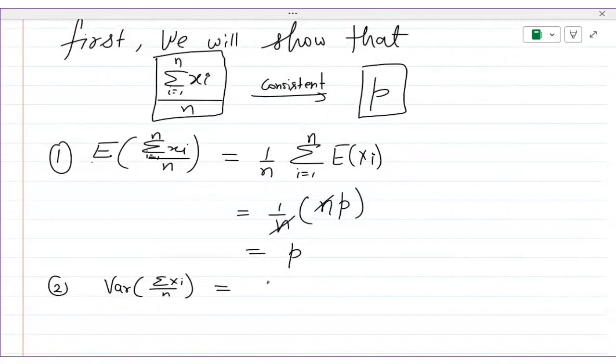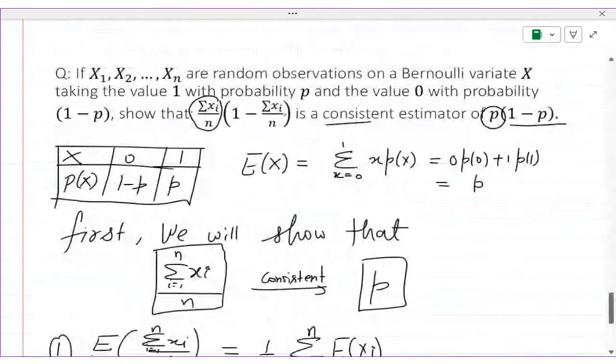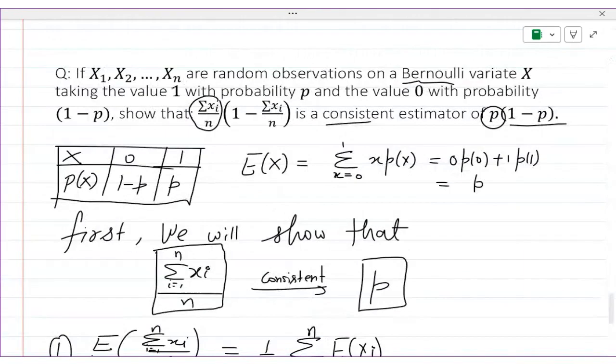From the variance, the square of the constant comes out, and we have the variance of x1 plus the variance of x2 plus so on, the variance of xn. Now, what is the variance of xi? If x follows the Bernoulli distribution, what is the variance of each of these?